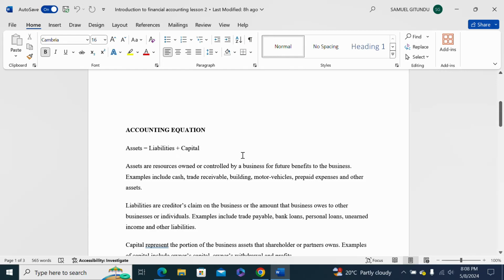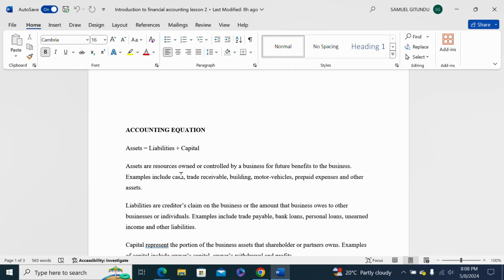So what are assets? Assets are resources owned or controlled by a business for future benefits to the business. Examples of assets include cash.